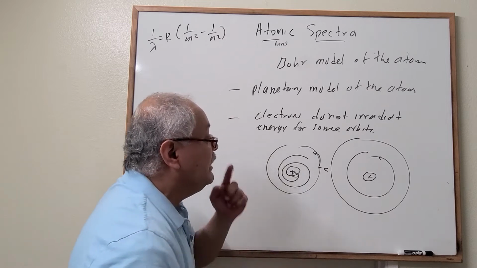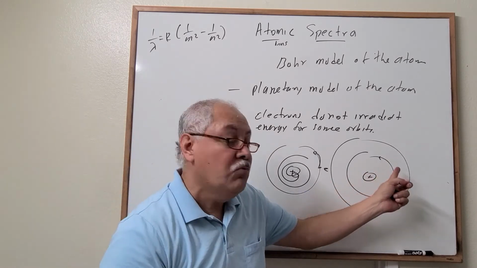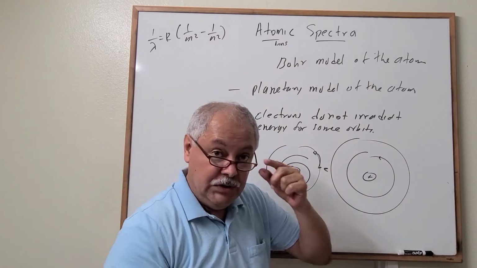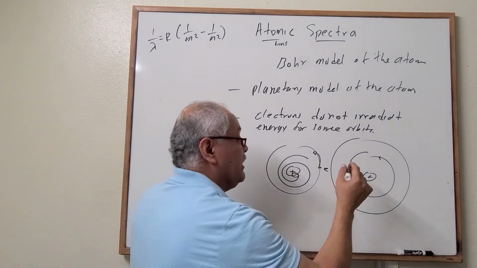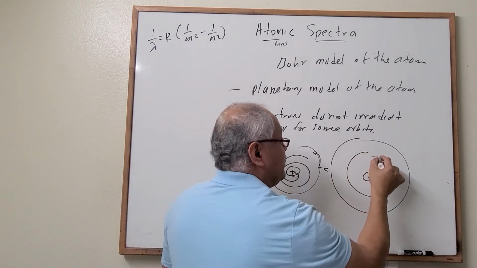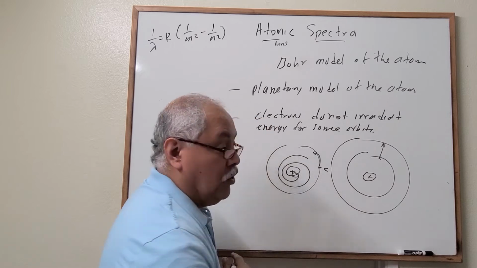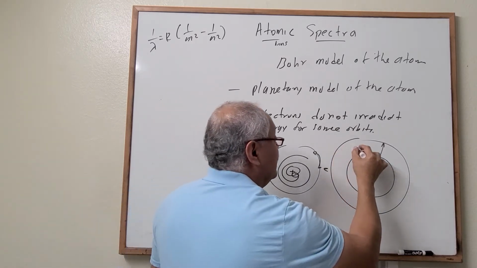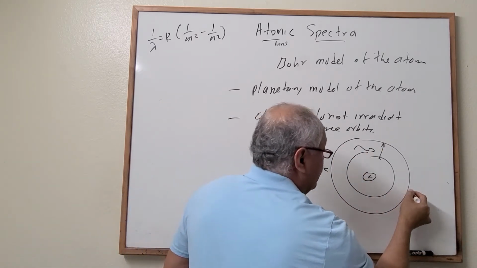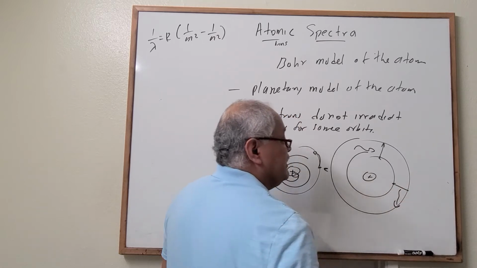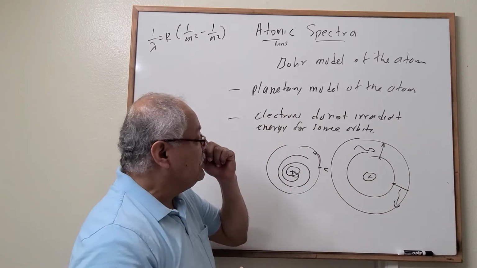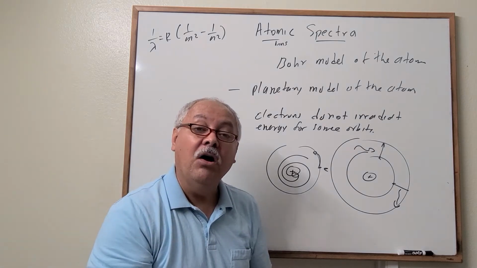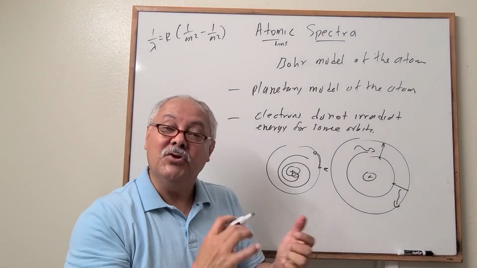Another statement is that the atom can radiate energy only when it goes back and forth between two allowed orbits. For example, if the atom absorbs energy, the electron goes to that level, so energy is absorbed. When it's going back, energy is emitted. Only in these two cases do we have the emission of energy as a photon.